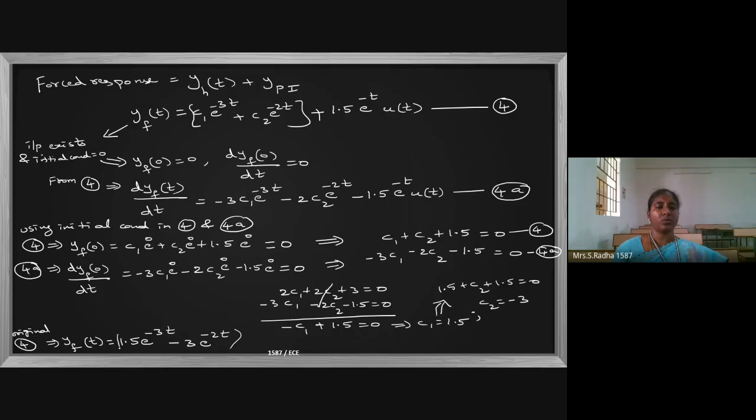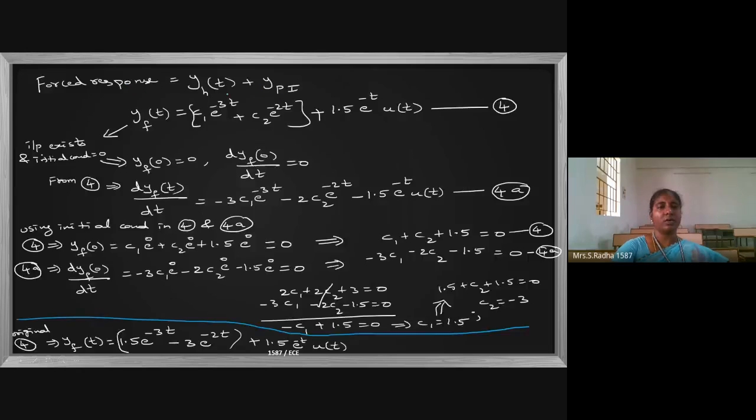This is the homogeneous solution, plus the particular integral, 1.5 e power minus t u of t. This is our final forced response after finding all the constant values. Okay, this is about forced response.